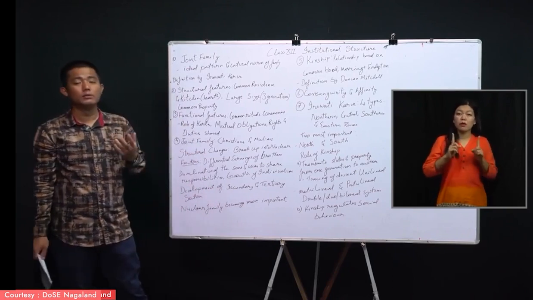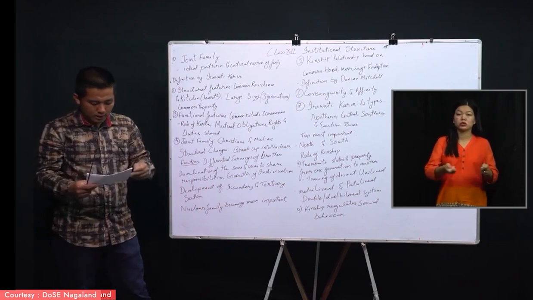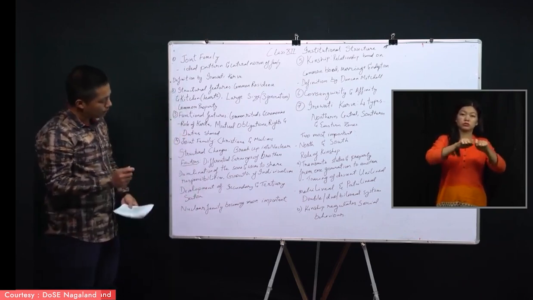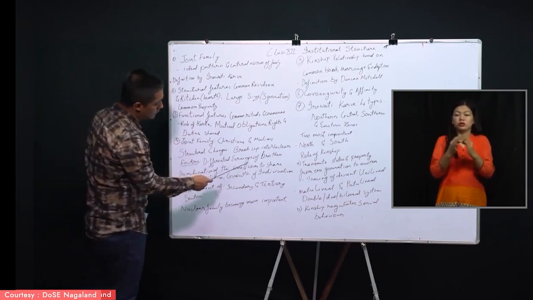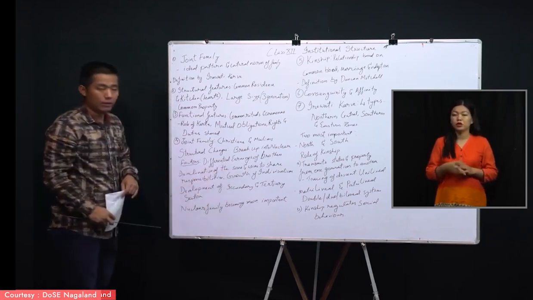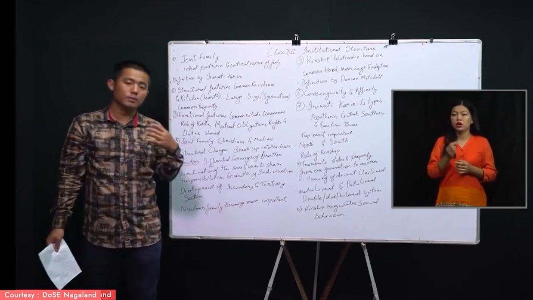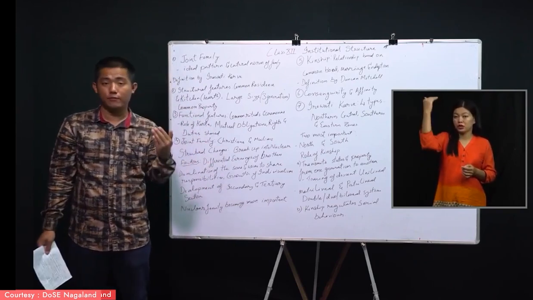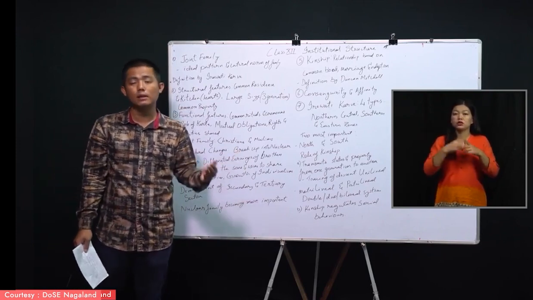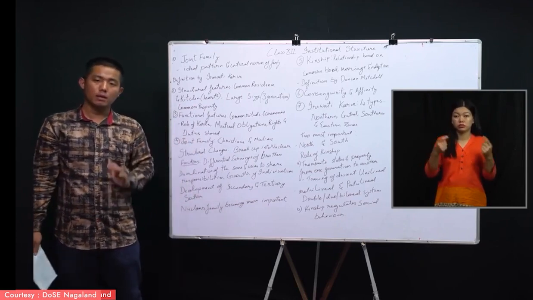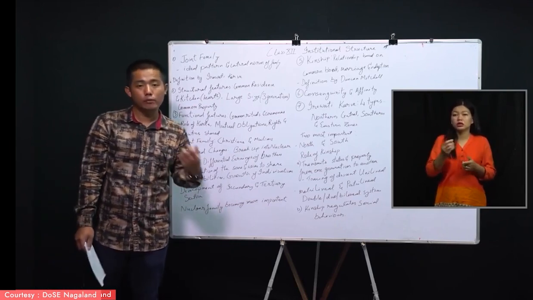Now, what are the reasons? What are the factors to why it has been broken down into nuclear family? Some of the factors are differential earnings of brothers. Differential earnings of brothers means that sometimes in a family the sons earn differently. Some may get a high salary, some may get less income, and in that way they have to contribute.